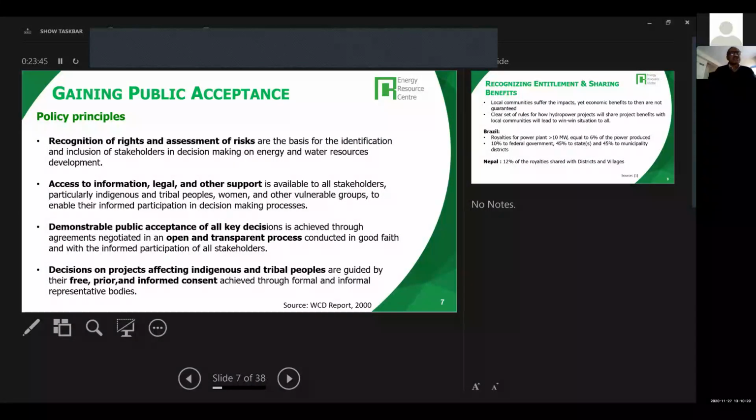Okay, thank you. So now you have to recognize the rights and assessment of the risk. What it is saying is that you have to identify the stakeholders, who are the affected people, and then involve them in the decision-making exercise on energy and water resources development. They have to have access to information, legal, and other support.